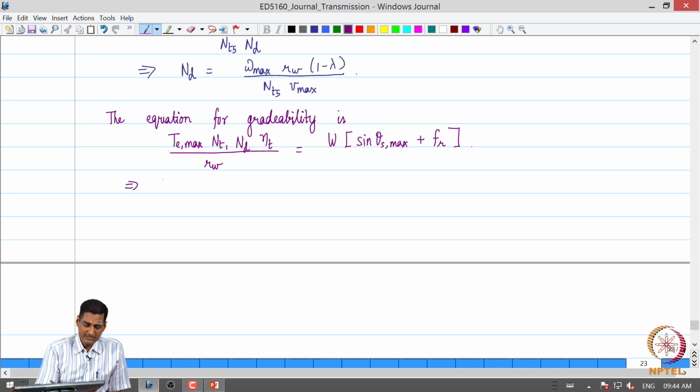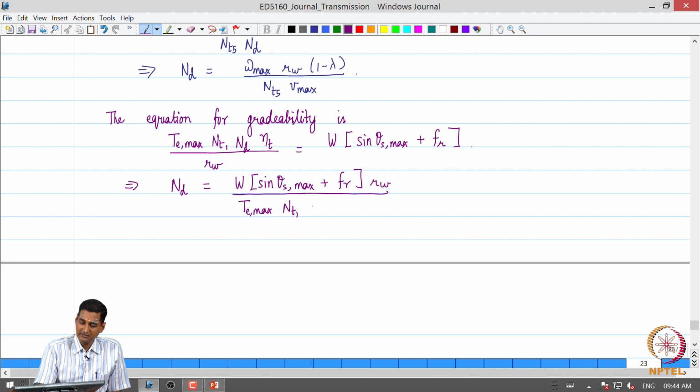So, from this equation also I can get an equation for ND. So, W sin theta S max plus Fr Rw over T max NT1 eta T, right.